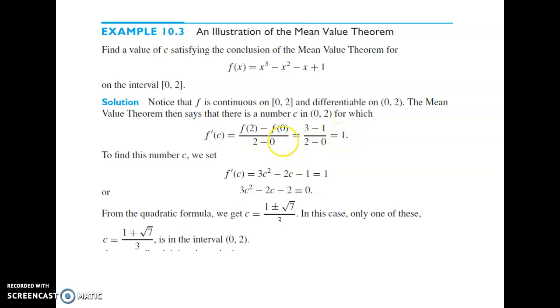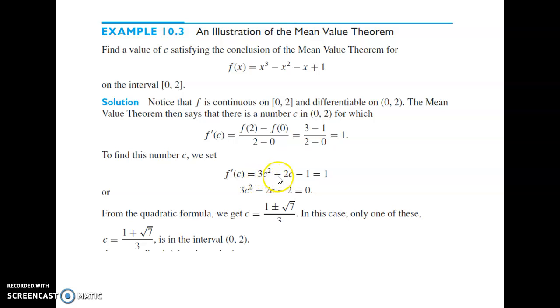And this must be equal to the slope of the tangent line. So I find the differentiation of this. That is 3x squared minus 2x minus 1. Then I put x equal to c. Then I will get f prime c equal to this. So this f prime c is this, and this is the slope of the secant line. So these should be equal.